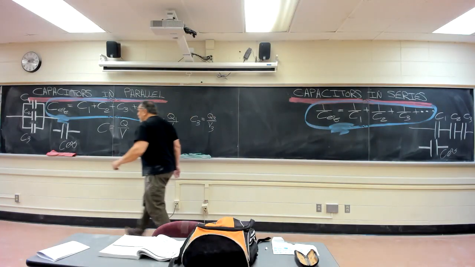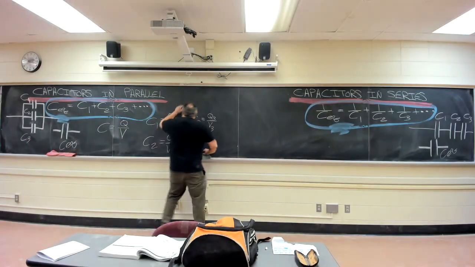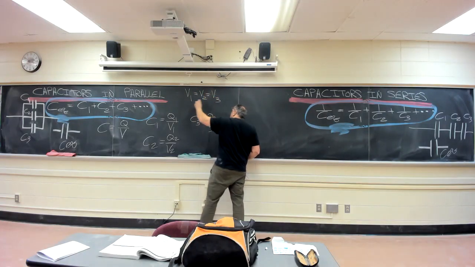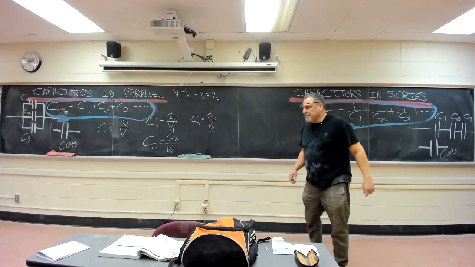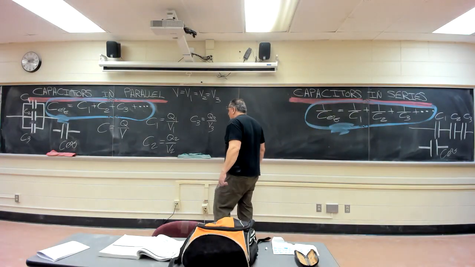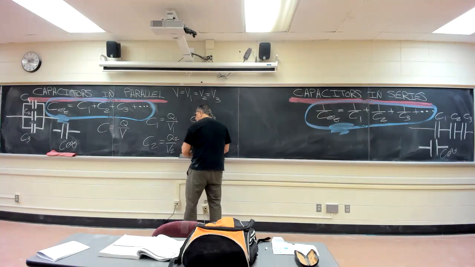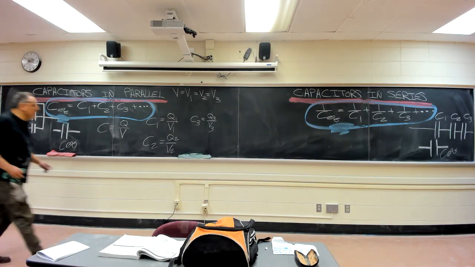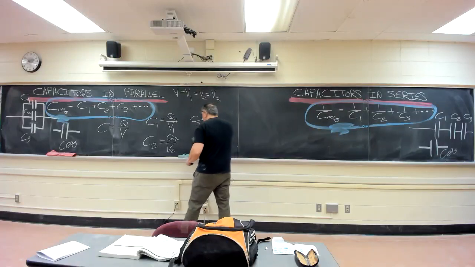And for a parallel combination going on, V1 equals V2 equals V3 equals some V. If that's the case, wherever you see V1, V2, V3, that's just V.